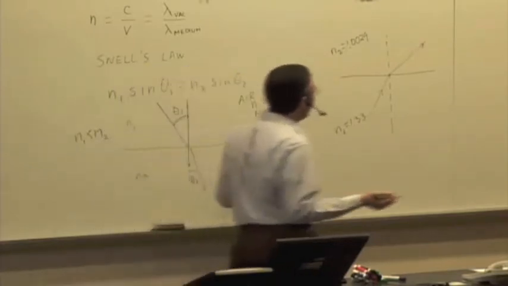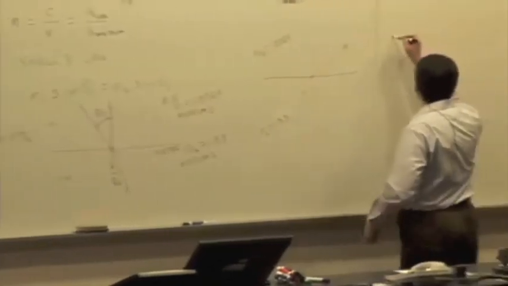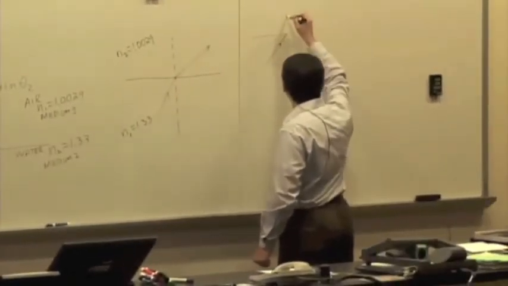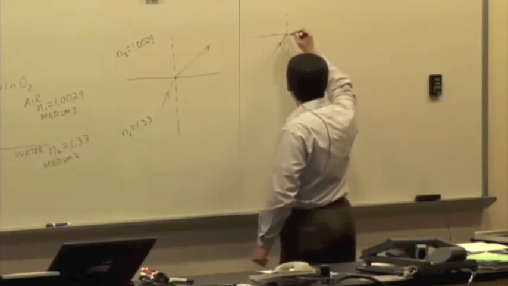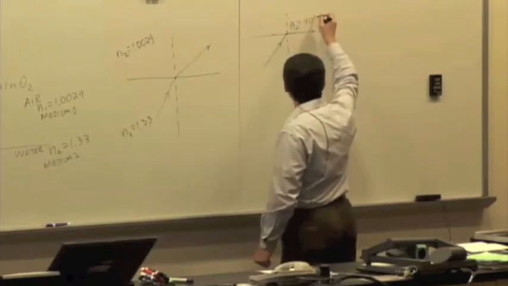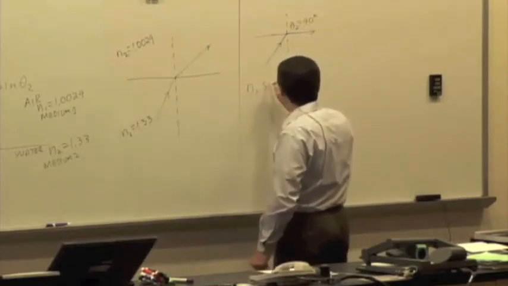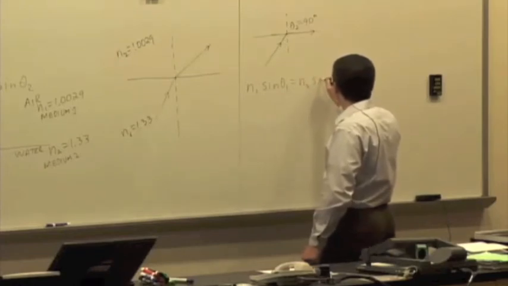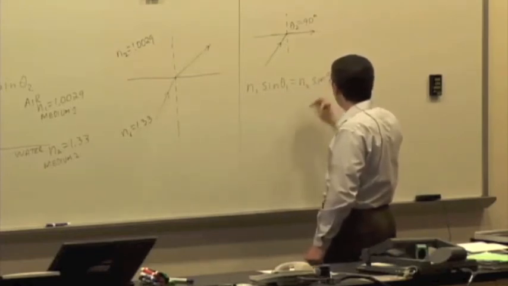If we look at that critical case, at least for water, we worked this out. We said theta 2 equals 90 degrees. So n1 sine theta 1 equals n2 sine 90. Sine 90 is just 1.